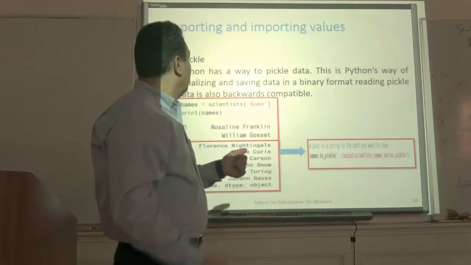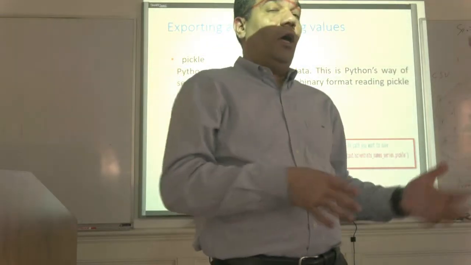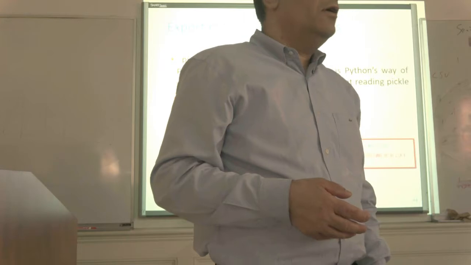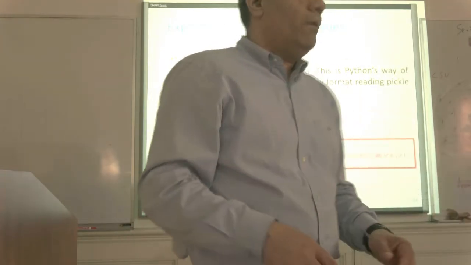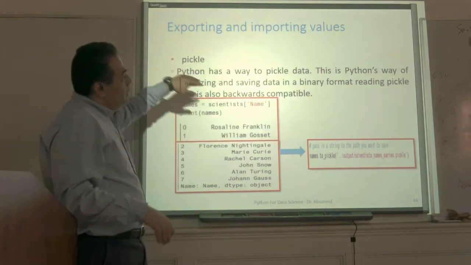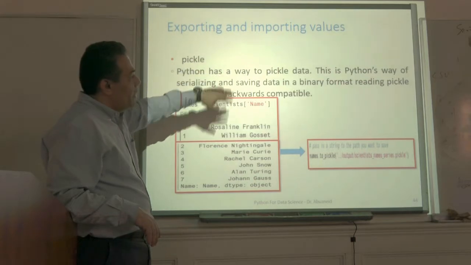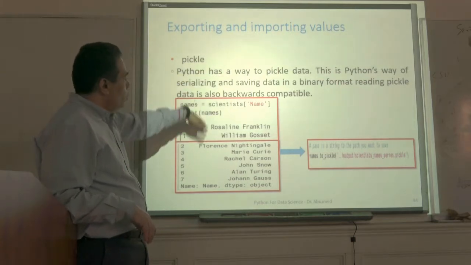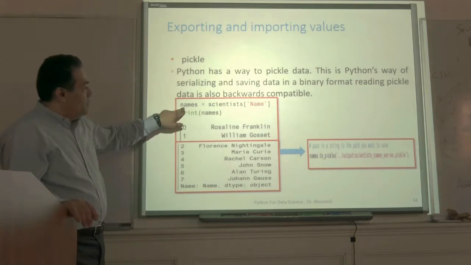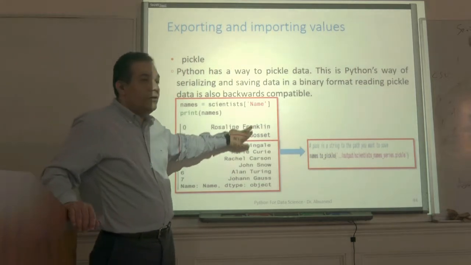Sometimes I load a file, like what we did at the beginning of this class, and I do some work, for example adding more series to it. So I could save it back. Python has a way to pickle data. This is Python's way of serializing and saving data in a binary format. Reading pickle data is also backwards compatible. For example, names, the scientist names. What am I creating in here?